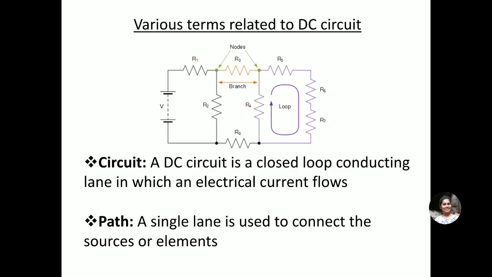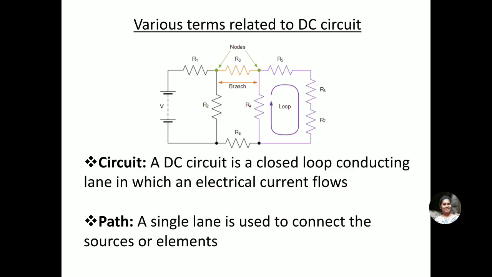Okay. Next, what is meant by loop? Here in this diagram we find a violet color line on the left hand side and right hand side, written as loop. Loop is a simple closed path in a circuit in which no circuit element or node is encountered more than once.